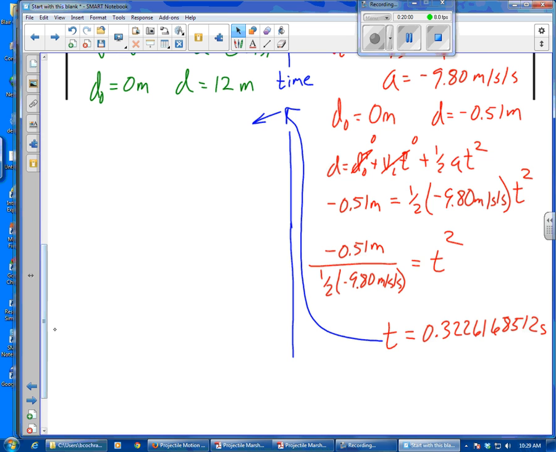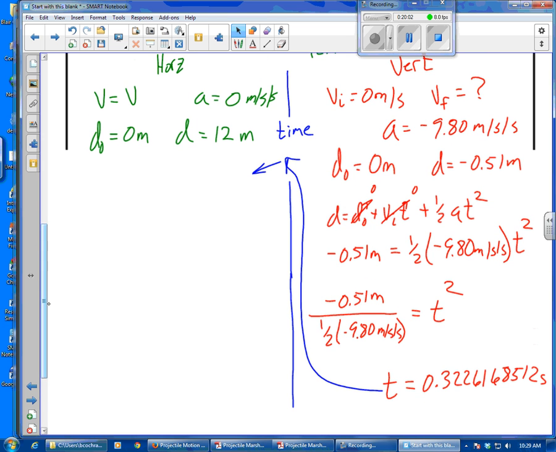We good on getting that time? Yeah, okay. So now horizontally, I want to know what v is. Oh, I'm going to use the same equation. Why? Because it's the only one that doesn't involve the velocity changing as its prime objective. And since my velocity doesn't change horizontally, it's the only one I can use horizontally. This acceleration is always 0 here.